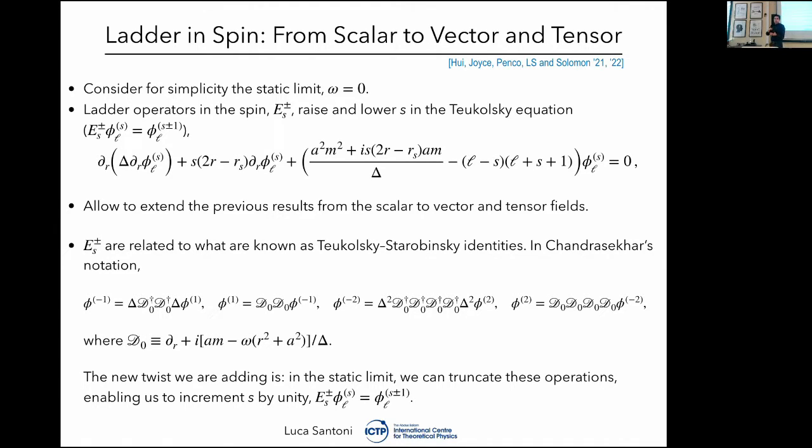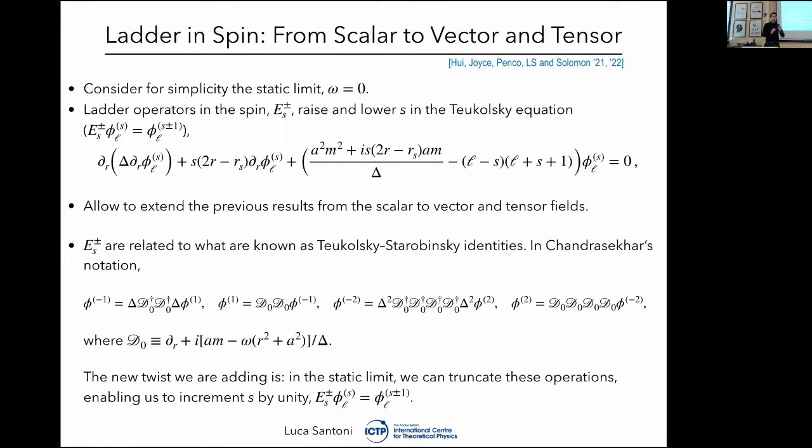But you cannot jump between consecutive spins. The new twist that we are adding here is that in the static limit, you can actually truncate these Teukolsky-Starobinsky identities. And basically, with the truncation, these operators become these plus minus.